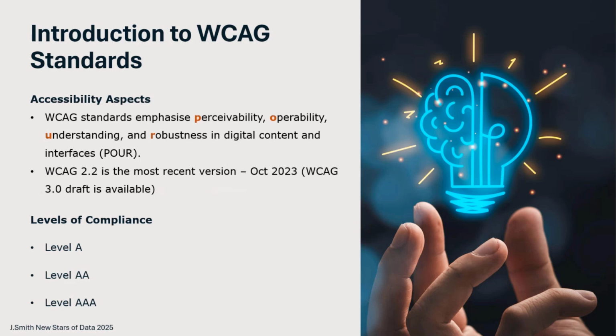And level AAA addresses the highest level of accessibility, providing the most inclusive experience for all users, including those with significant disabilities. Level AA is the most commonly mandated standard in terms of legal compliance. And following WCAG guidelines is essential for creating inclusive designs that cater to diverse users and abilities.